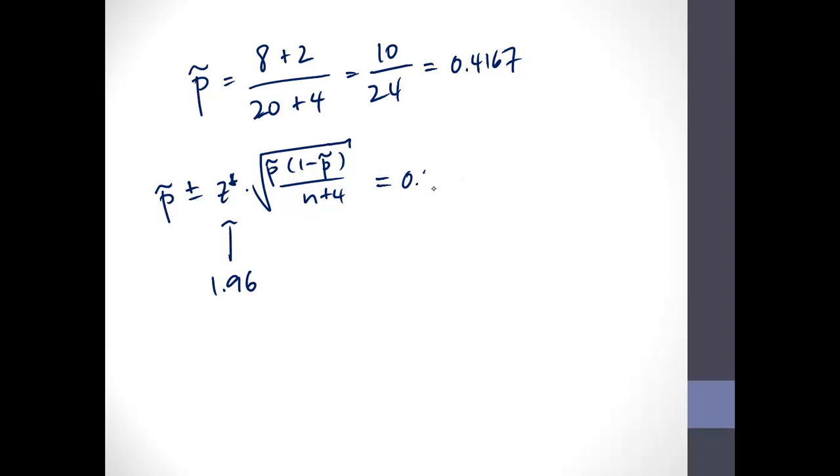So we're going to have 0.4167 plus or minus 1.96 times the square root of 0.4167 times 1 minus 0.4167 divided by 24.